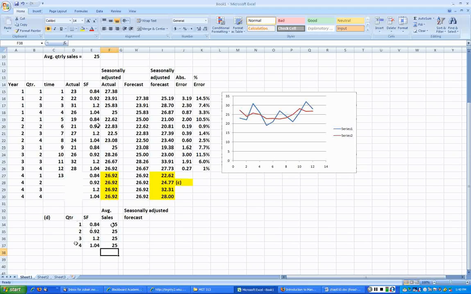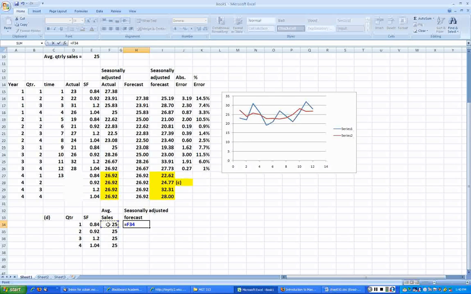Seasonal factors are, again, the ones we have computed, repeated here. Average sales is 25 units each. Then the seasonally adjusted forecast value would be equal to the average sales times the seasonal factor.